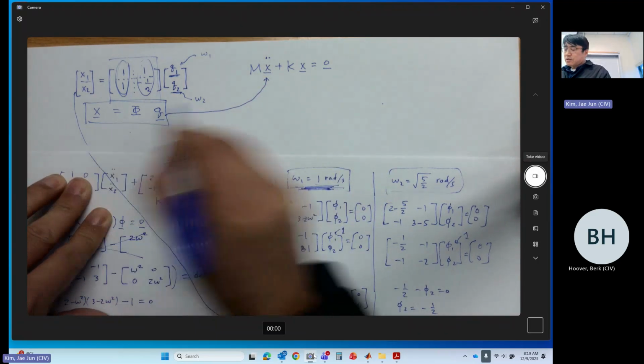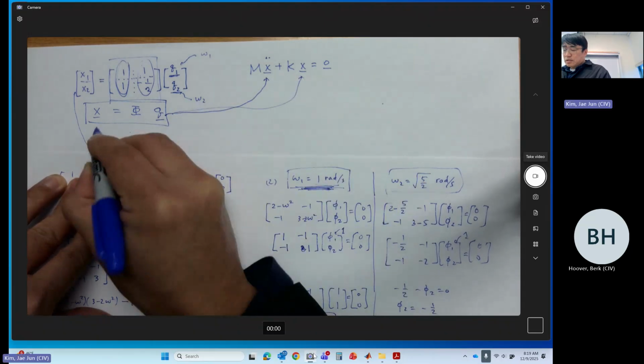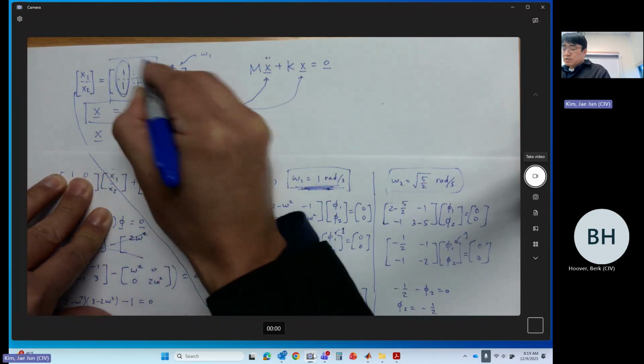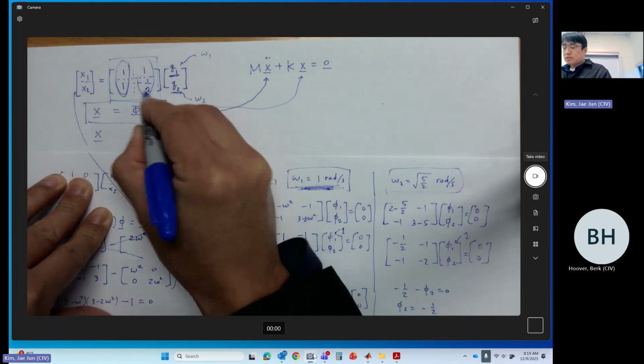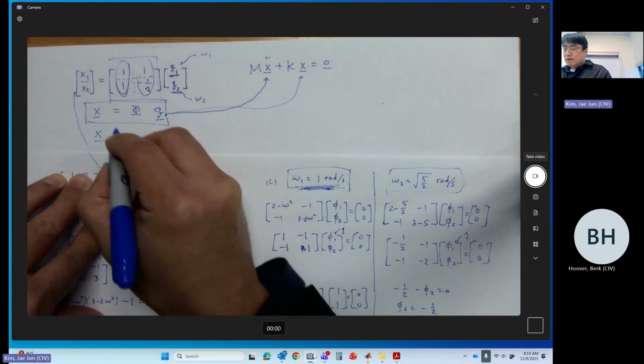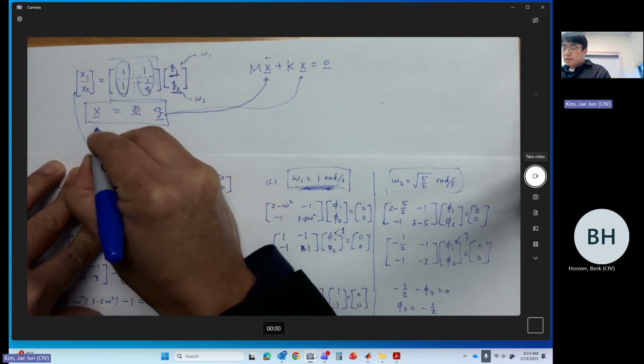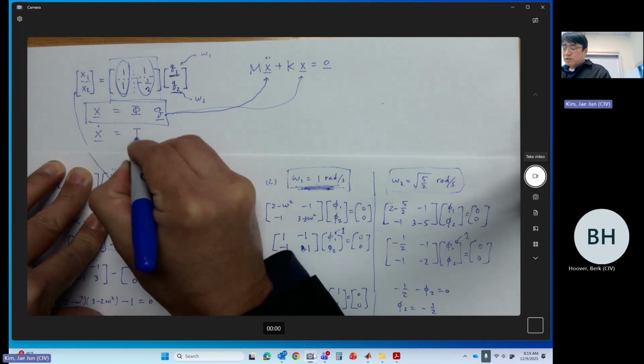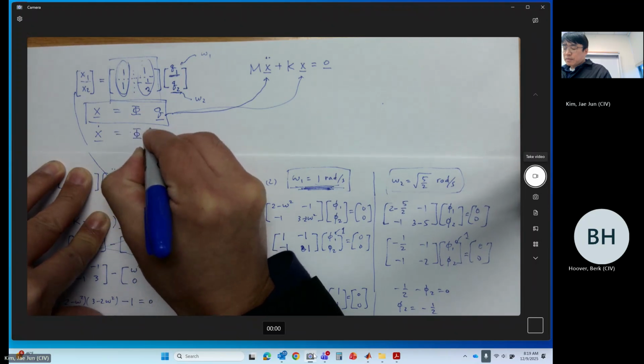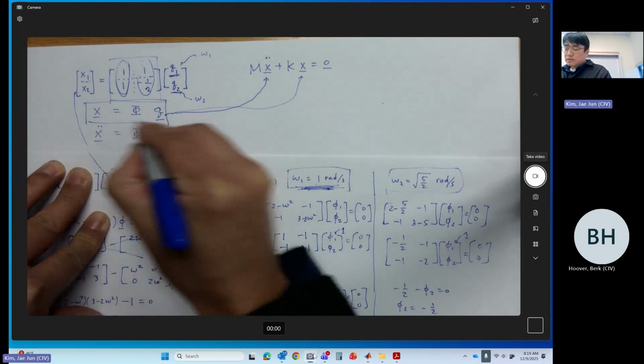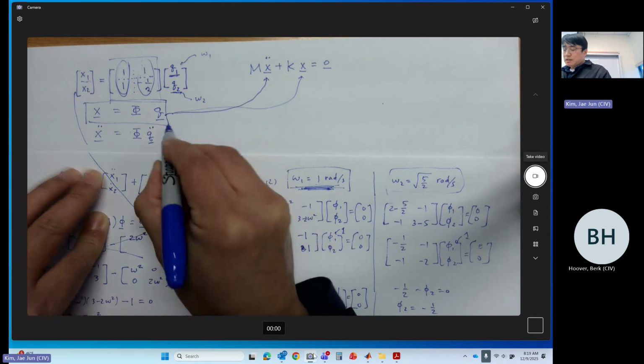We also know that phi is just a constant matrix, fixed mode shape. So you know that X dot is P Q dot, and X double dot is P Q double dot.